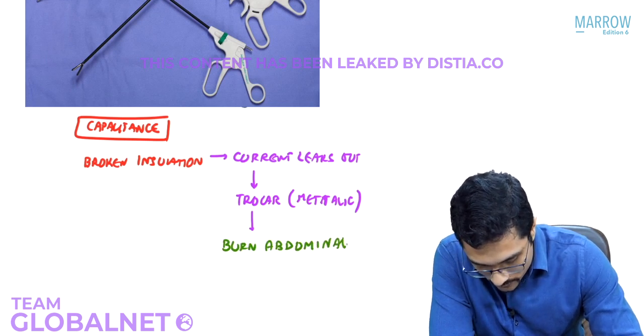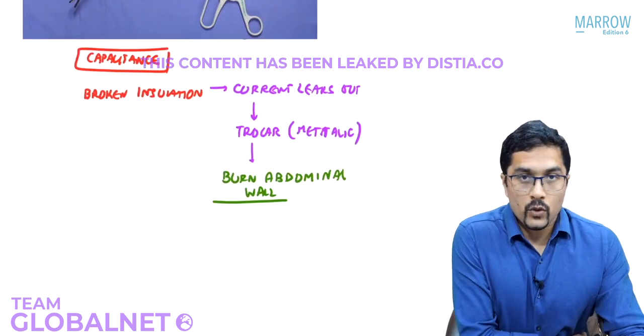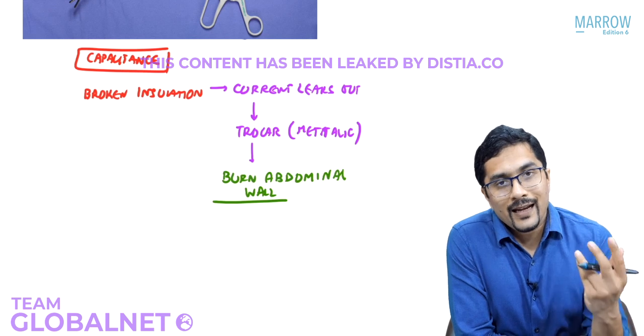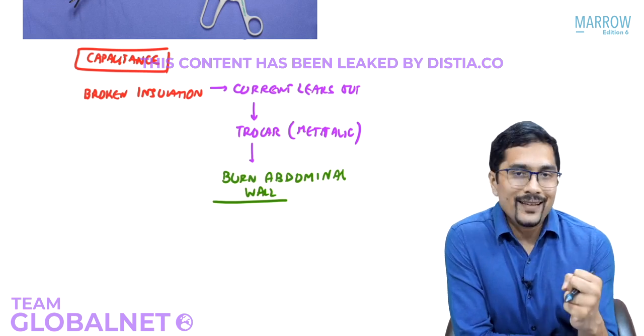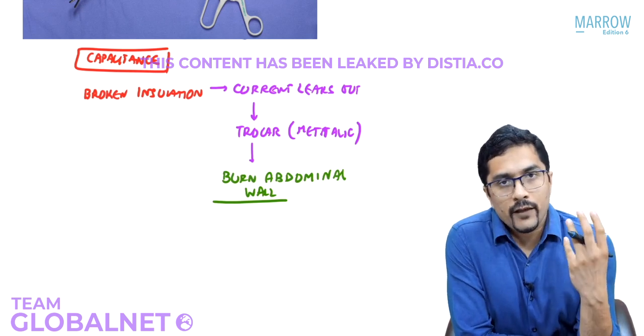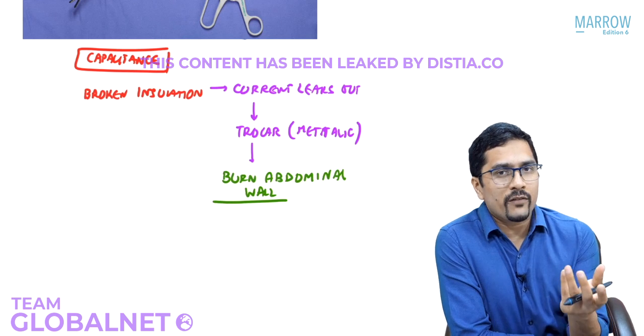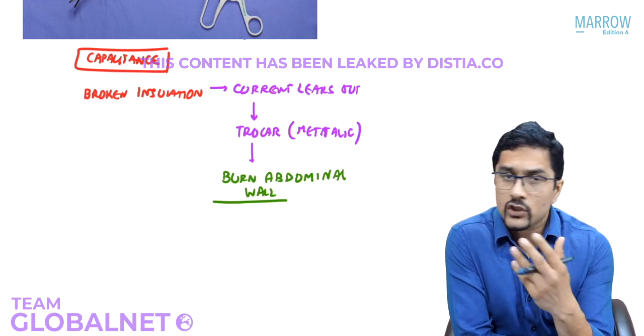Right, so there was a question asked in the All India exam 2 times in a row regarding capacitance. Once they asked what this principle is known as, and second they asked how do we prevent this. Of course, if I ask you in the Viva, how do you prevent this? The obvious answer is going to be maintain insulation, which is correct.